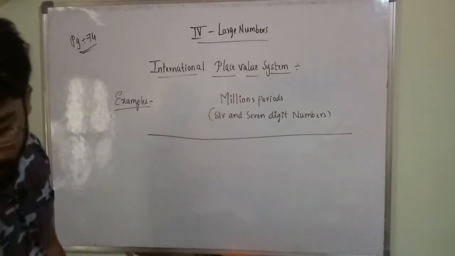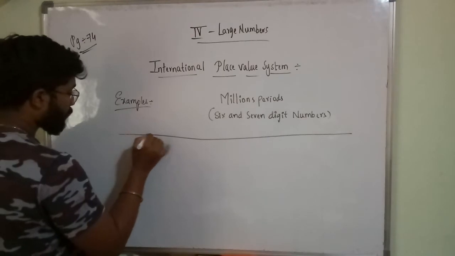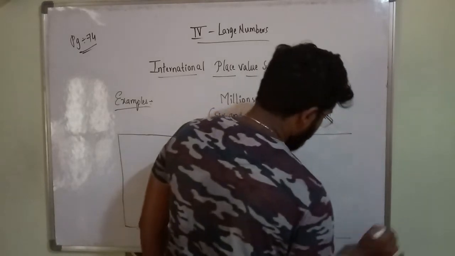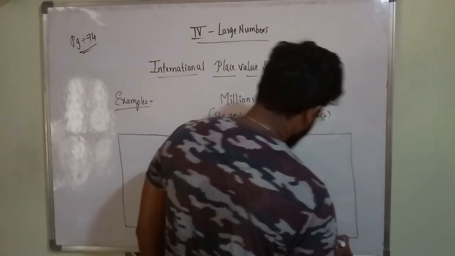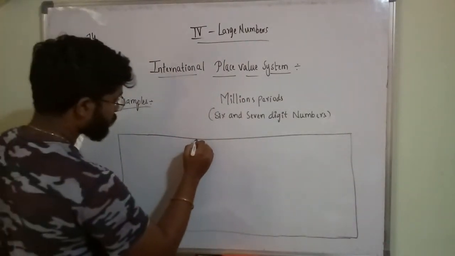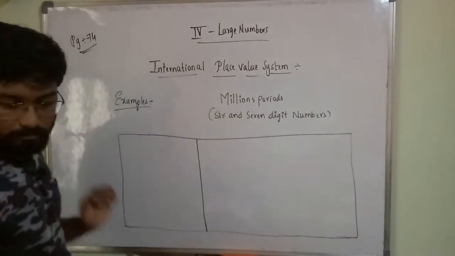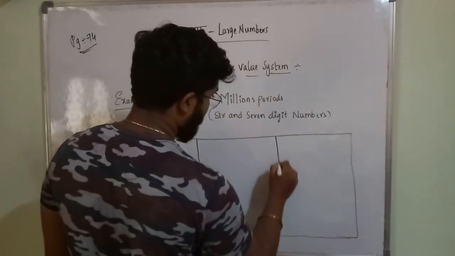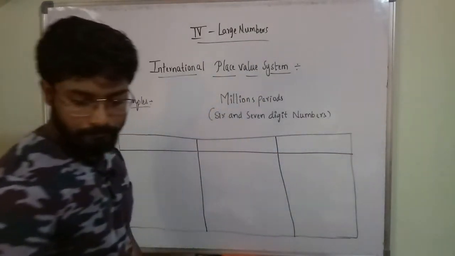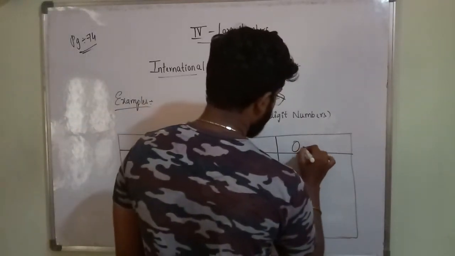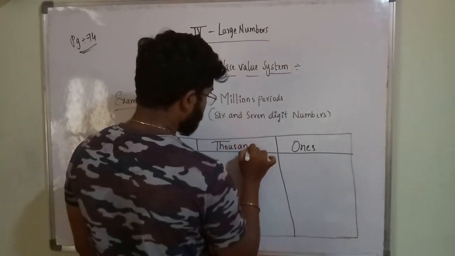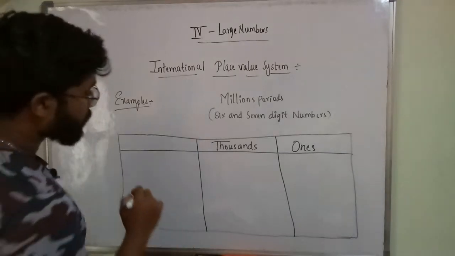This is a table. This is ones, this is thousands, this is millions.